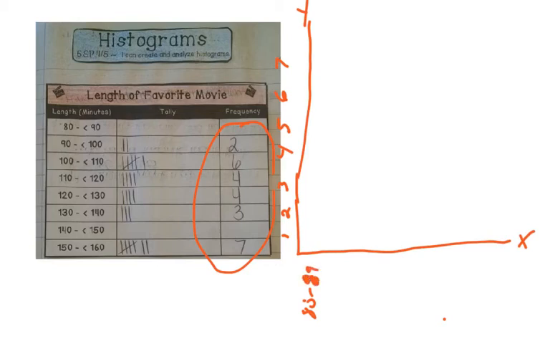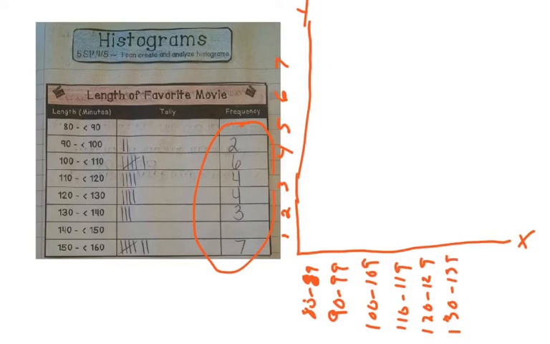And then this one is going to be 90 to 99, 100 to 109, and then this one is going to be 110 to 119, 120 to 129, 130 to 139, 140 to 149, 150 to 159, and well, that's as far as it goes, because 160 would be the next one up.